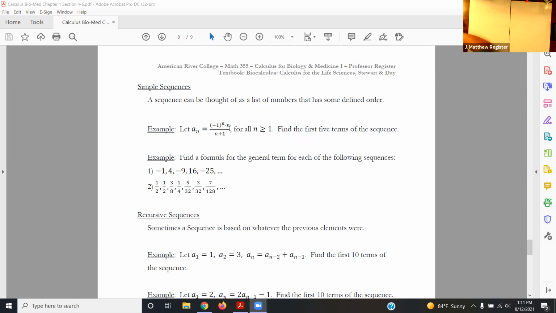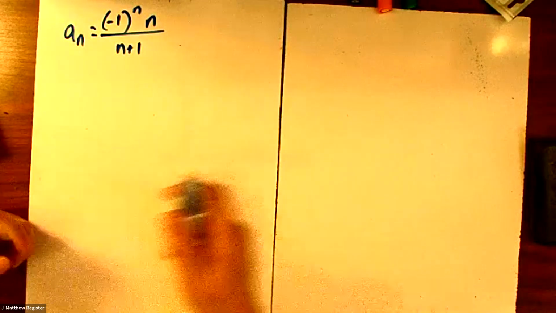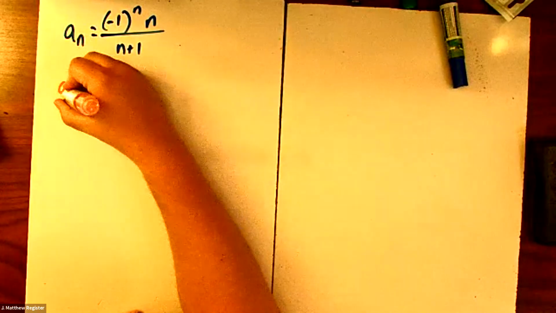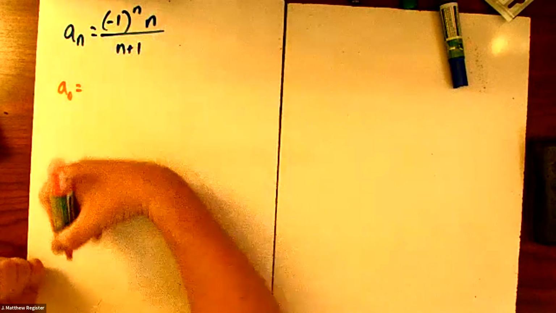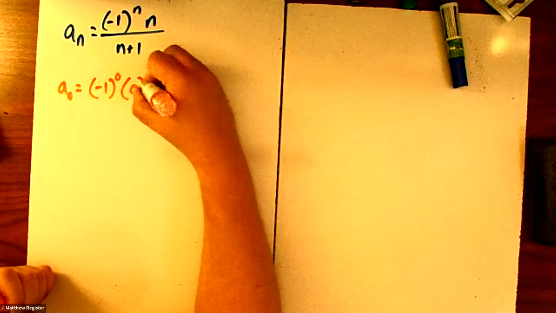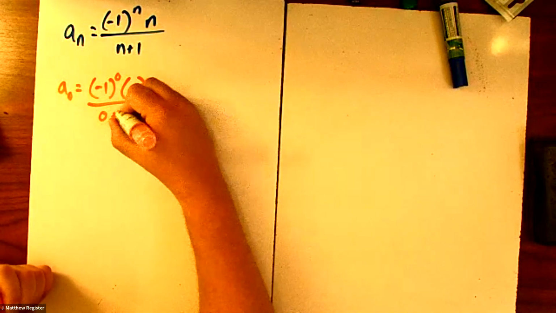Oftentimes you'll be given some expression for it. And so in this case, a sub n is equal to -1 to the n times n over n plus 1. And then it says, find the first 5 terms in the sequence. Well, we could start with a naught if we wanted to. And so a sub 0 is equal to -1 to the 0 times 0 over 0 plus 1.